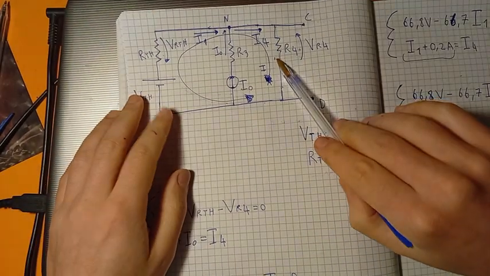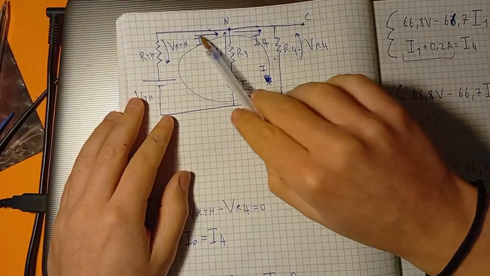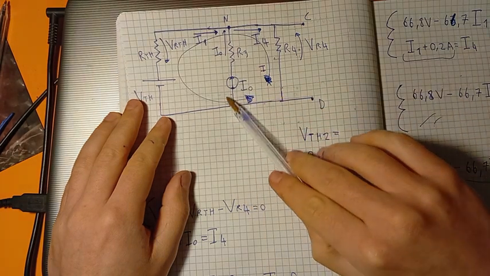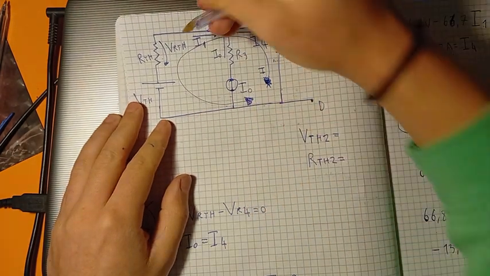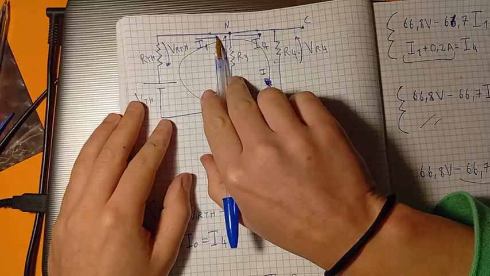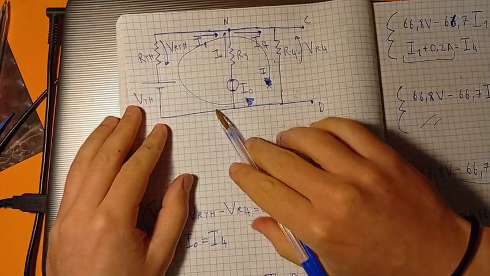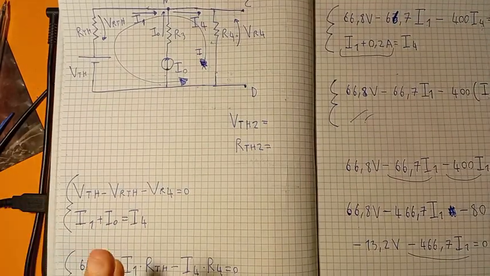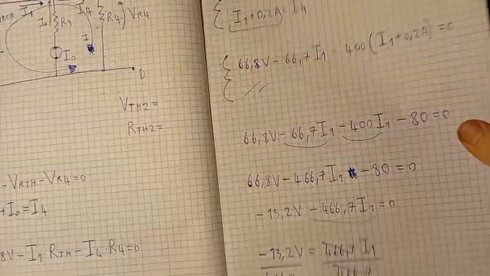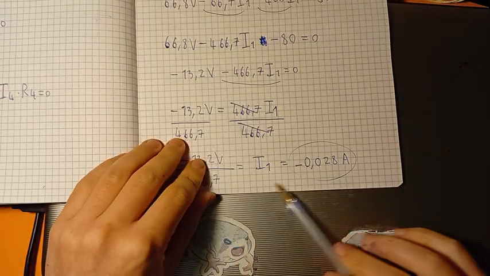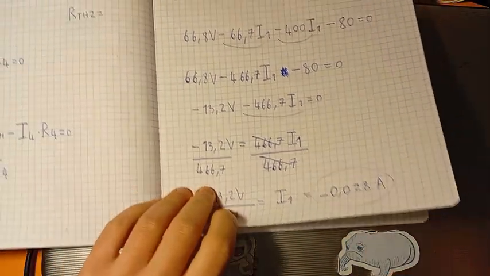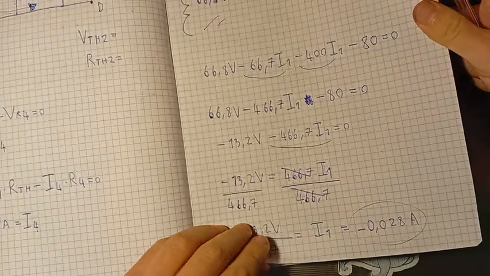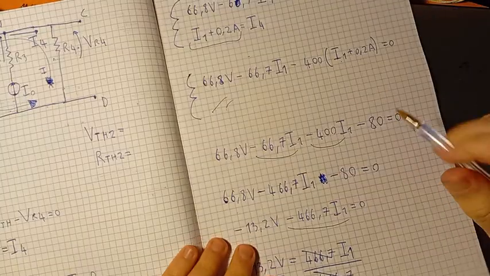Now we have to find how much is this current. But here the I1 flows in this direction, so I1 does not flow in this direction, but in this other direction. Now we have to find I4. We know that I1 is this.